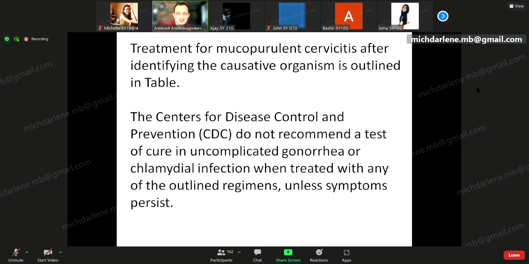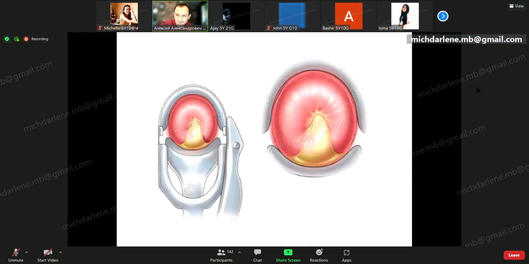It's not very difficult to talk about infections of the cervix, because usually it's an asymptomatic story, and usually the discharge is just a finding during routine examination. It looks like that. But if you're talking about discharge, just discharge outside, sometimes females think that it's a normal story. We can meet such patients who say, no, I have nothing.